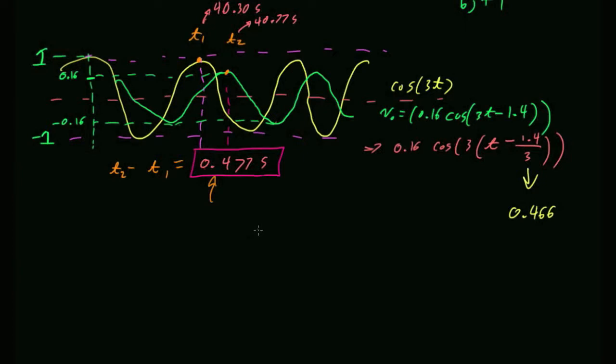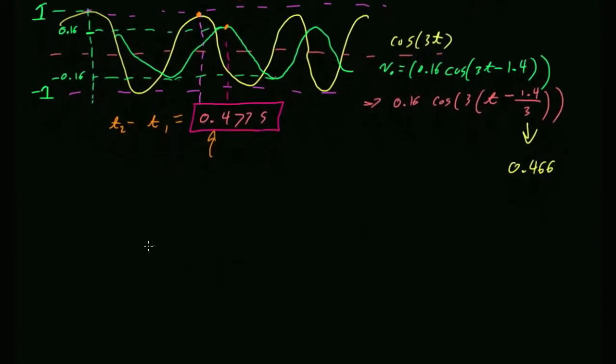There's a harder way, and the harder way is not that bad. The other method is: the frequency of this signal is 3 rads per second, which means its frequency in hertz is that number divided by 2 pi. So that's 3 over 2 pi, which means its period is 2 pi over 3.